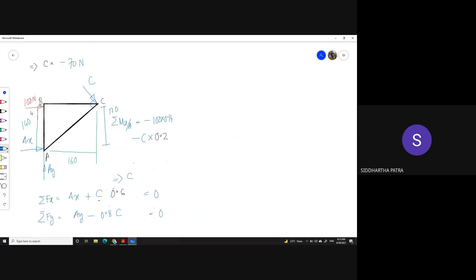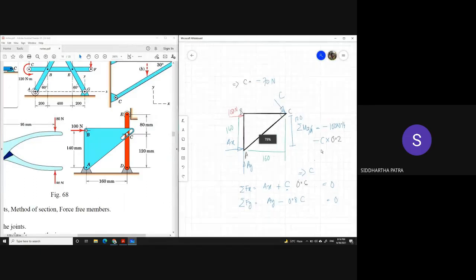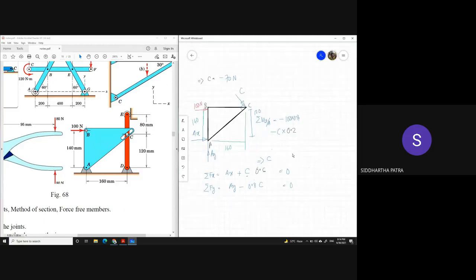Now, you know that the value of C is negative. That doesn't mean that when you draw the free body diagram of the other component, you simply switch the direction. You'll have to be consistent with the direction. So what I'm doing here is drawing the free body diagram of DCE. At D, I'll have Dy and Dx.